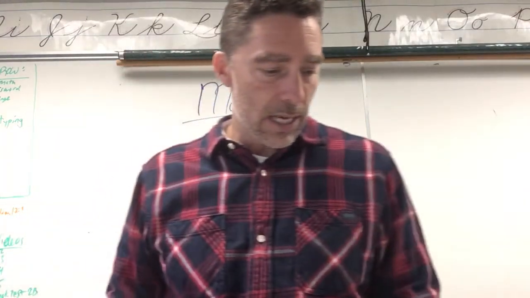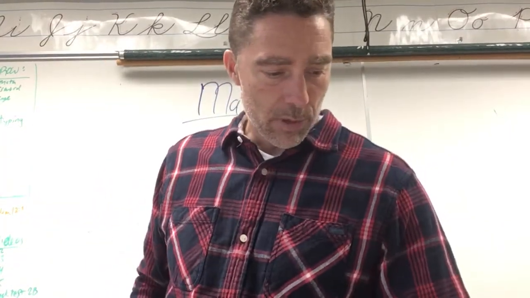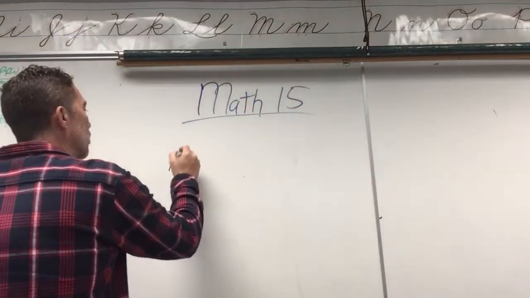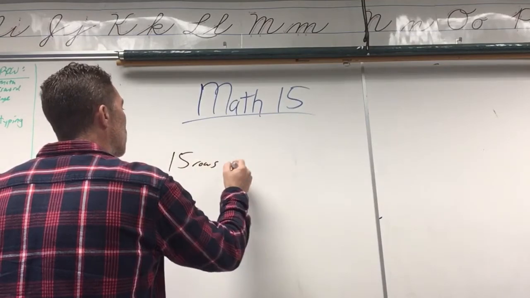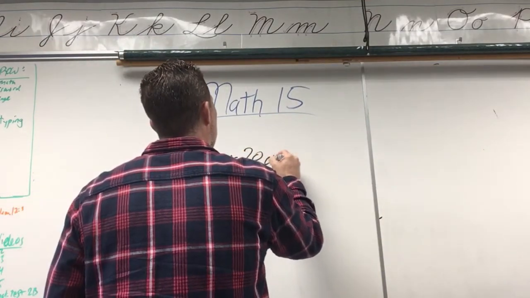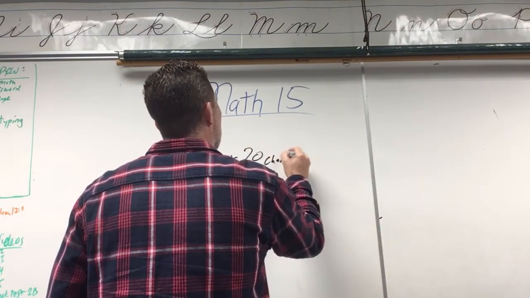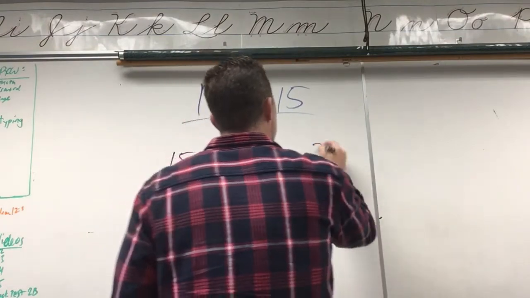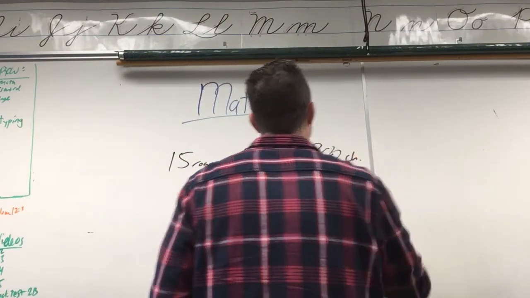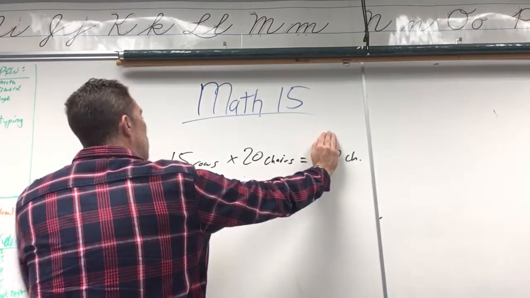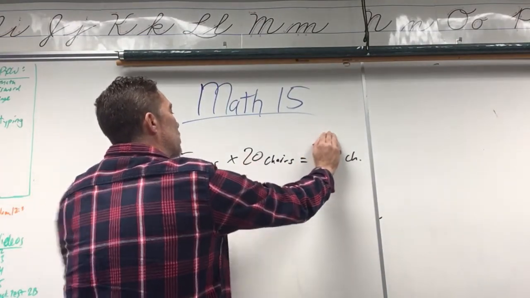So let's say that we have the example in the book, 15 rows of 20 chairs is 300 chairs. So 15 rows times 20 chairs in each row equals 300 chairs. Okay? If we just didn't know this one, we'd multiply 15 times 20 equals 300.